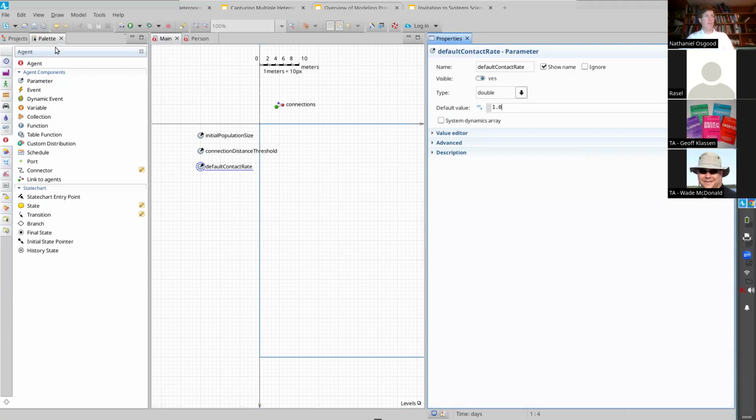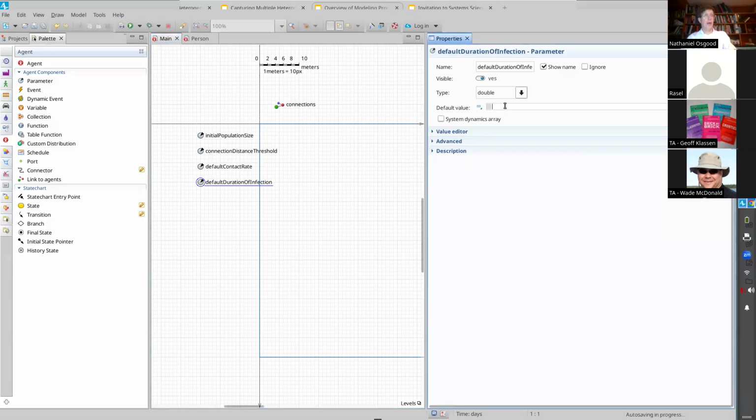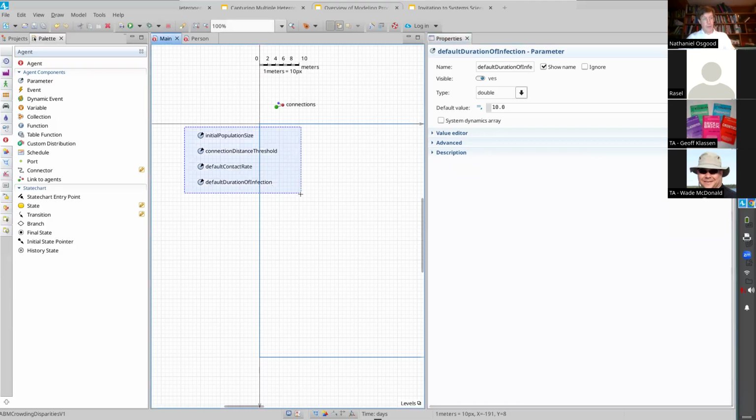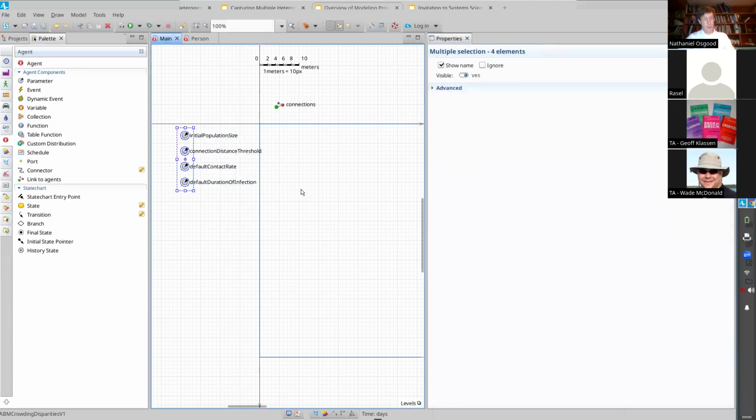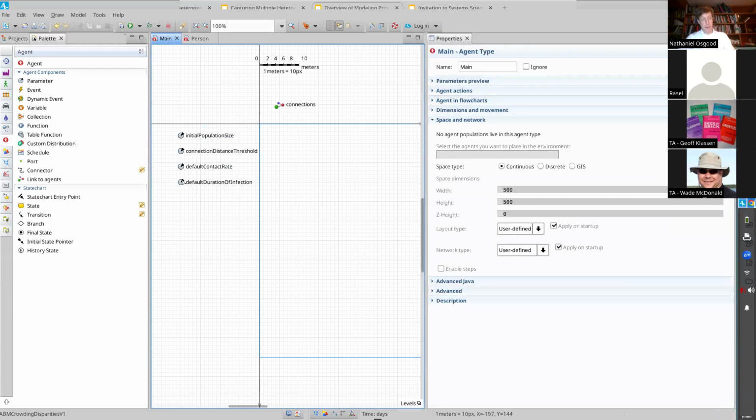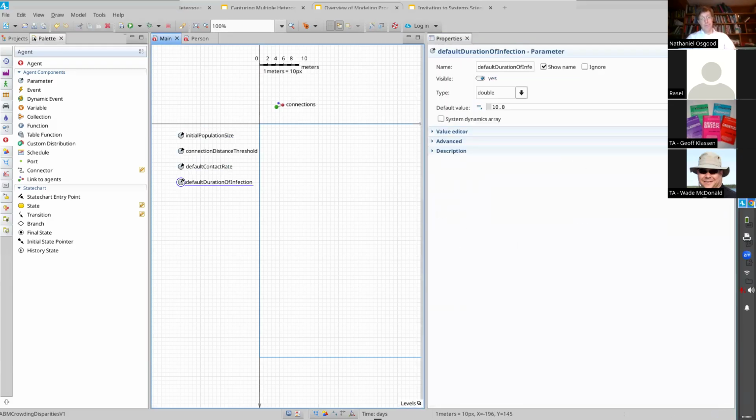And then finally, default duration of infection, in days, it's 10.0. Not saying what it is in terms of units, so in time units, by implication, it's days.